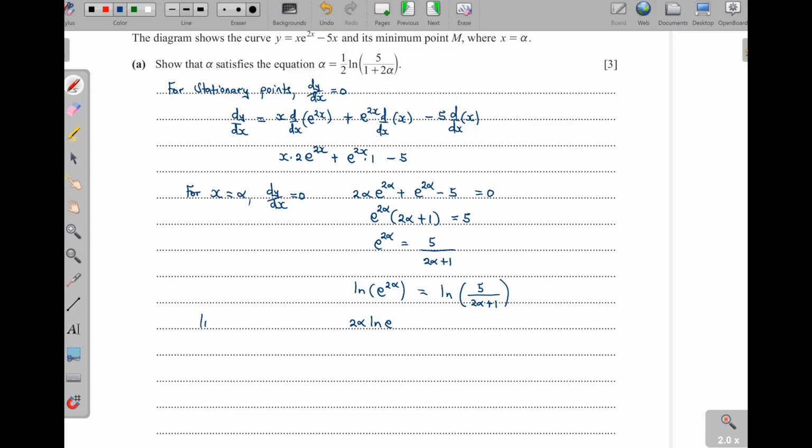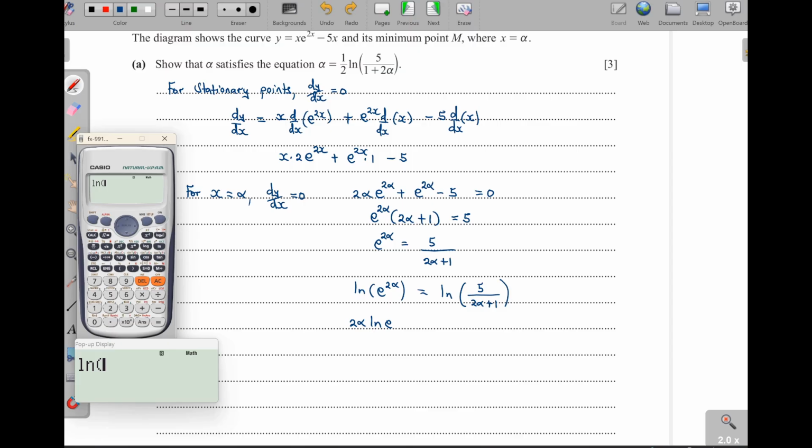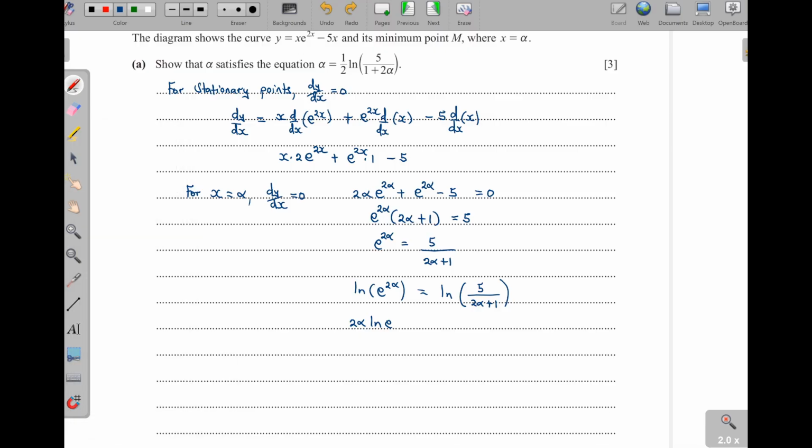But natural log of e is the same as log base e of e. If the power and the base are the same in a logarithm, then we get a 1. So natural log of e gives you a 1. You can even prove that on the calculator. Natural log of e. Okay, then don't you get a 1? That's a 1. Okay, now let's continue.